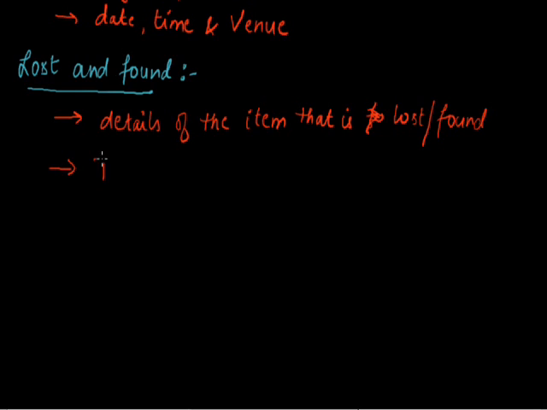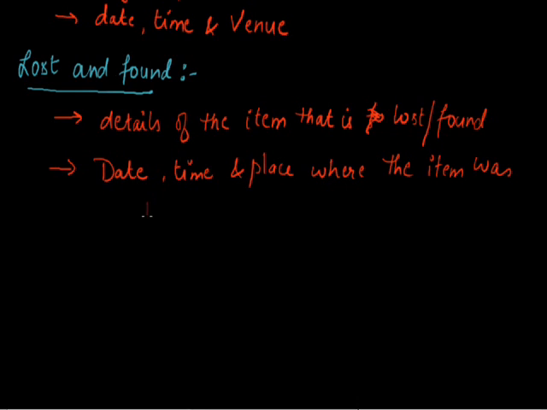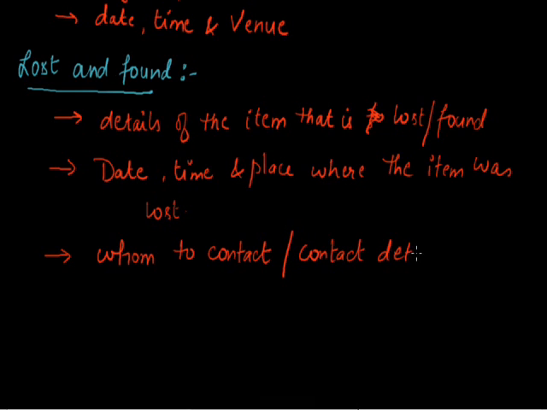Second, the date, the time and the place where the item was lost. The third thing would be whom to contact and with the contact details. And a very crucial thing, in case of a lost notice, we have to mention rewards as well.